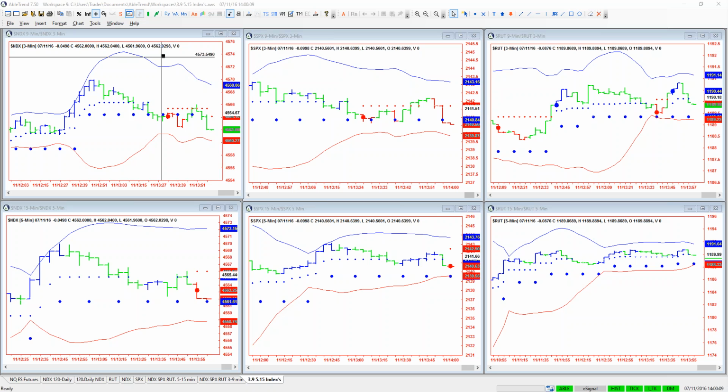So it does look like we're starting to form some weakness, and there may be some opportunities for us to take some trades.